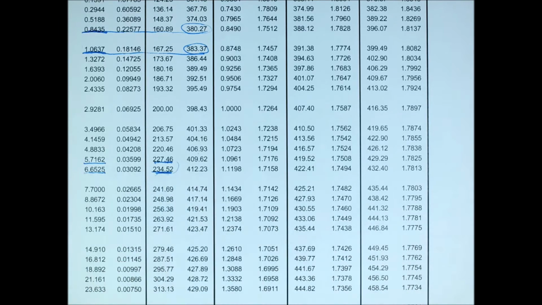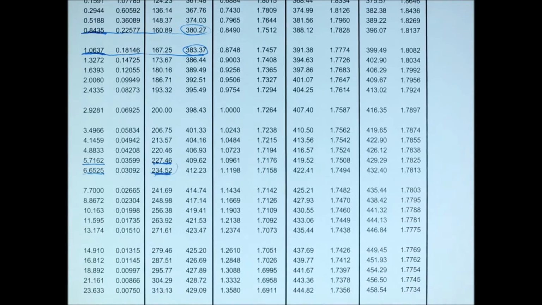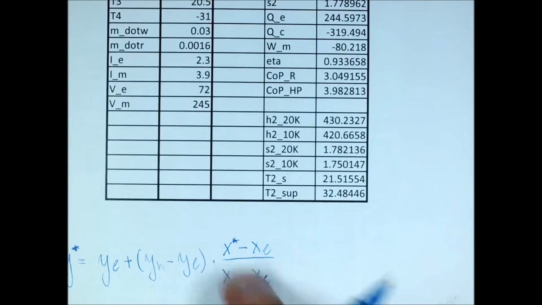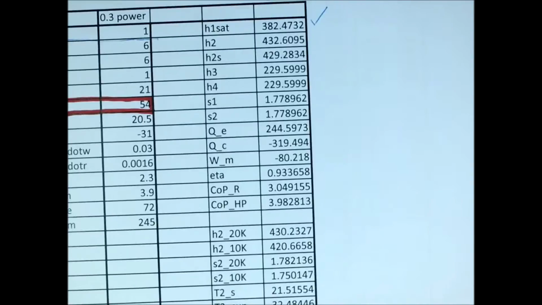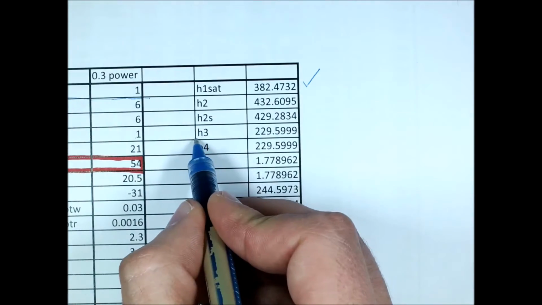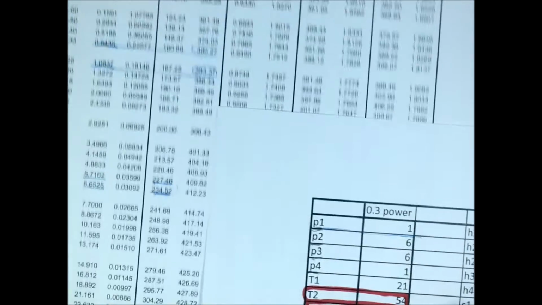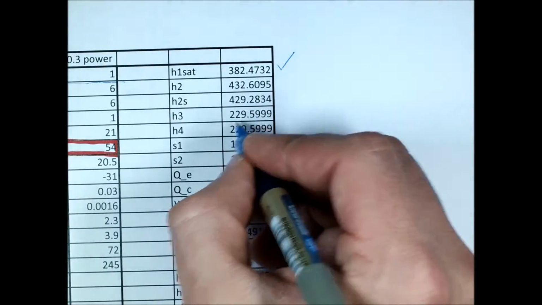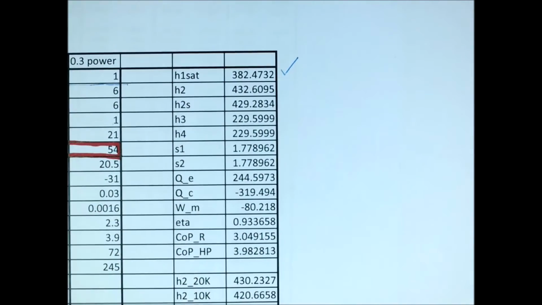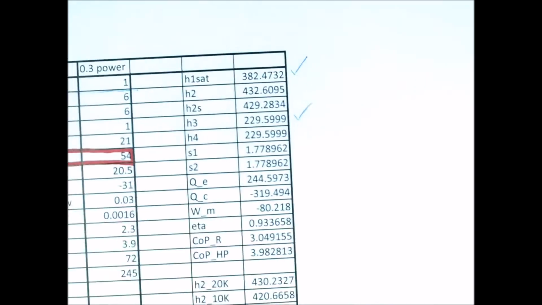We expect to see something between 227 and 234 roughly, and when we plug the numbers in here, this is what comes out. You can check for yourself. H3 is 229. Yes, 229 is between 227 and 234. So 229 kilojoules per kilogram is what we have here.